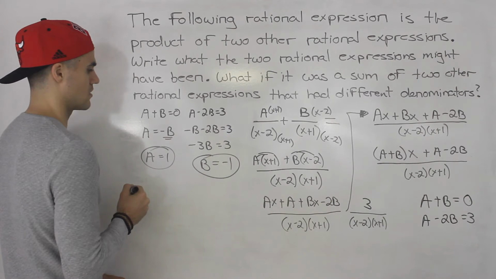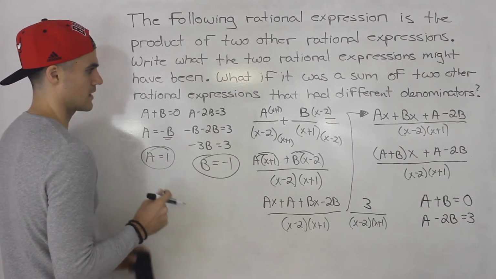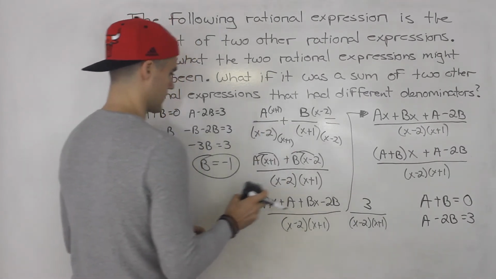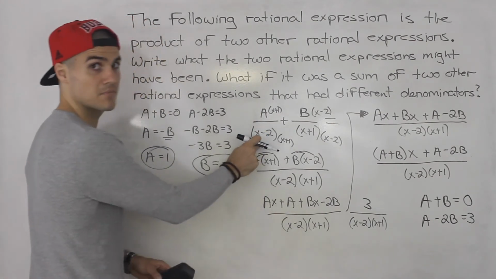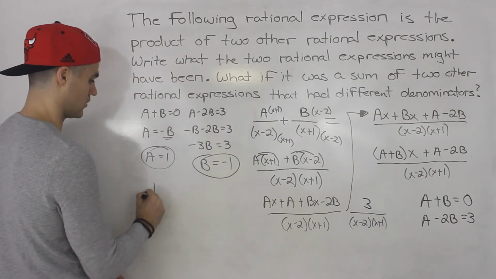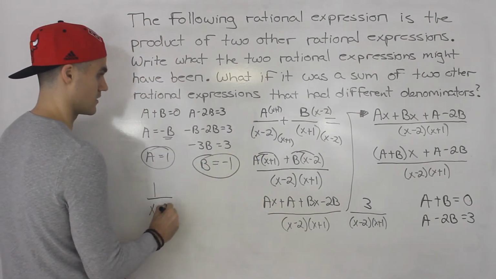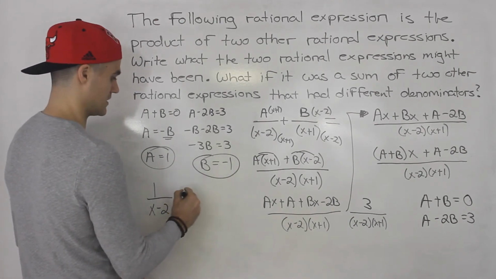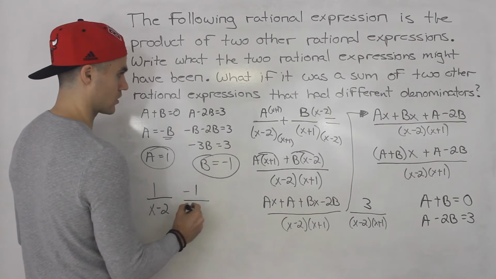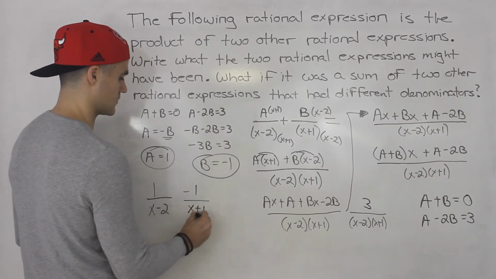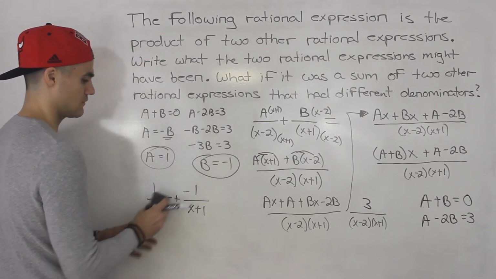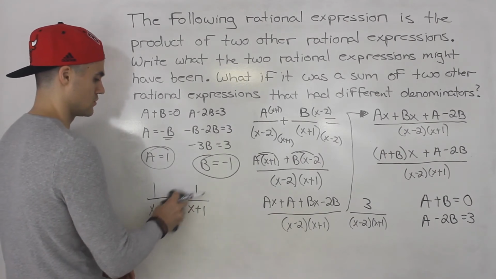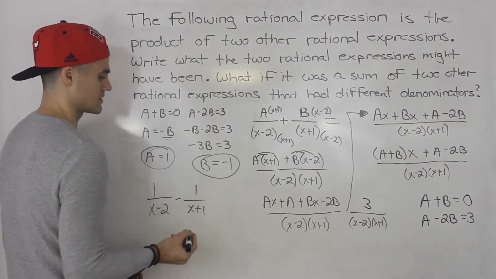So those are the answers, actually. If we rewrote this, a over x minus 2, we would have 1 over x minus 2. And then b is negative, so this would be negative 1 over x plus 1. There's a plus here, and this negative and this positive we could change to a minus like that.